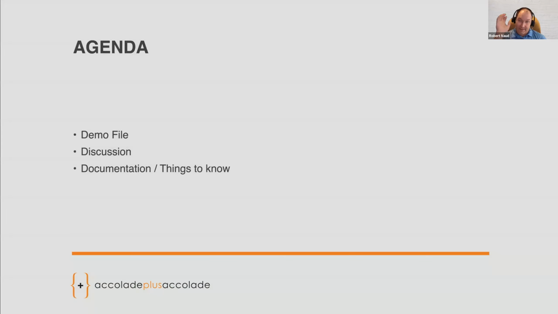For today, it's going to be short and sweet. We're going to look at the actual demo file, and then we're going to discuss the possible ways to use this. And we're also going to close by looking at the documentation and things to know that may or may not be documented.